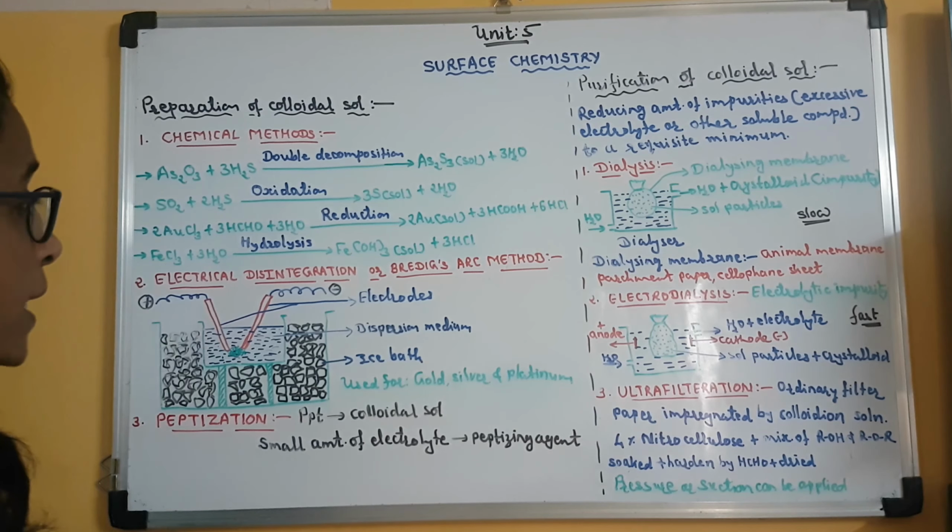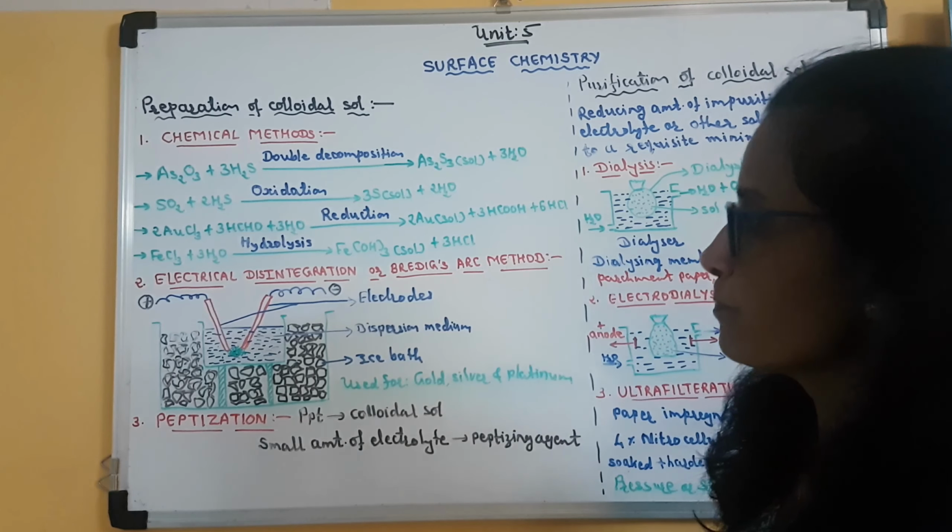Now from the MCQ point of view also, you can be asked which of the following is not a chemical method for preparation of lyophobic sol. So 3 options may be given out of these 4, and the 4th option is something totally different. Clear? So from the MCQ point of view also, this topic is important.